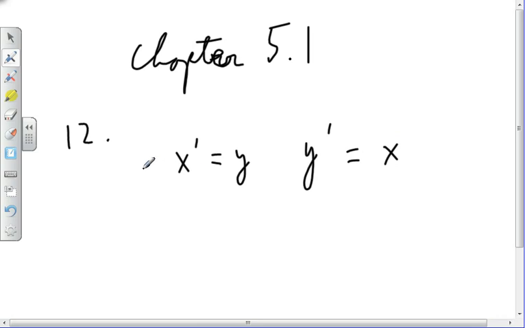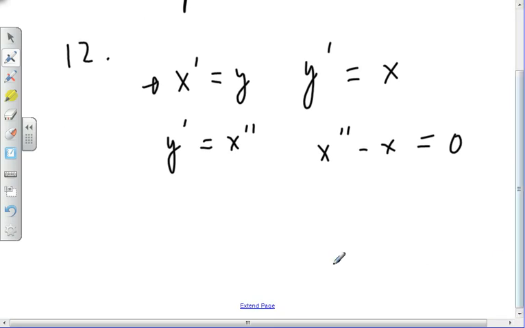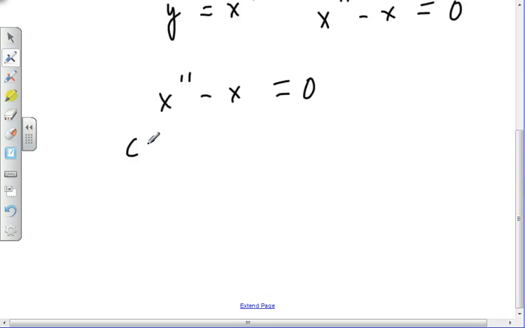Well, if we take the first guy and we say that y prime is x double prime, then we can rewrite the equation as x double prime minus x is equal to 0. So we can take the derivative of the y guy and get that. Now that I have that x double prime minus x is equal to 0, I can say, well, gee, that has a characteristic equation.